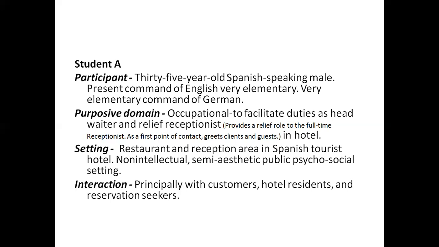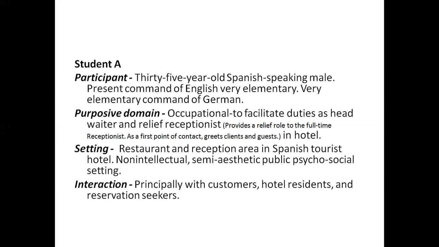So this Spanish person wants to know English to support him in this kind of work. Setting: a restaurant and reception area in a Spanish tourist hotel. Non-intellectual, semi-aesthetic, public, social, psychosocial setting.